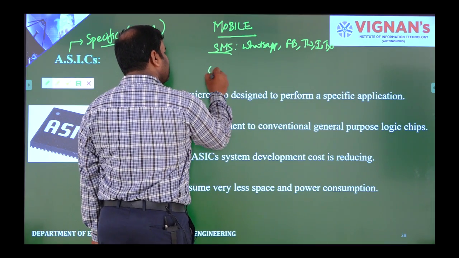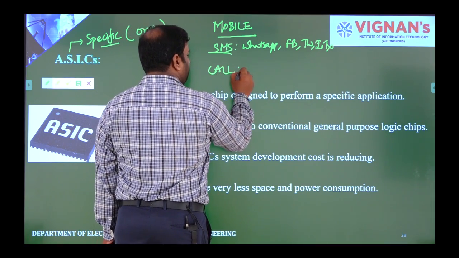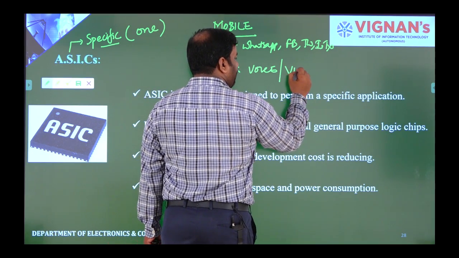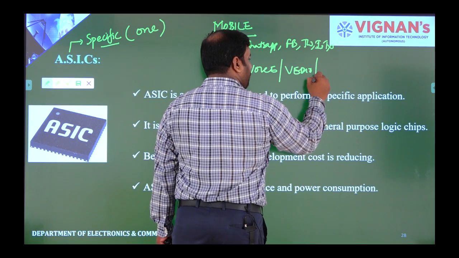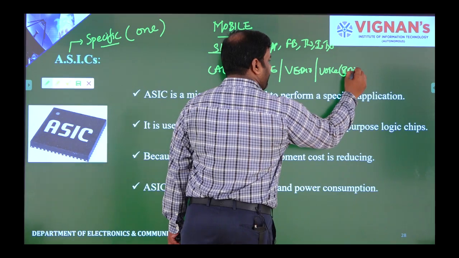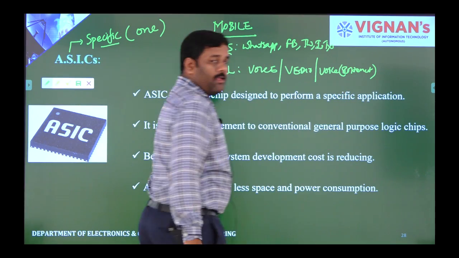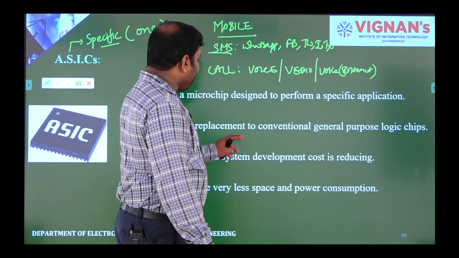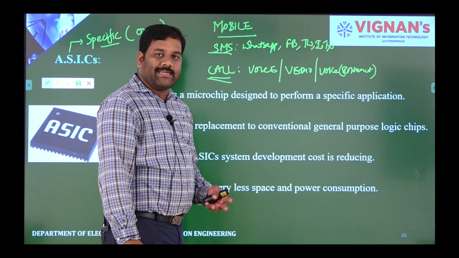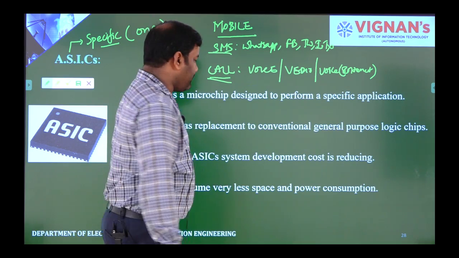And the second one is call. Either it may be a normal voice call or video call, or a voice through internet call. Whichever the option, this call is for communicating data from one person to another person.